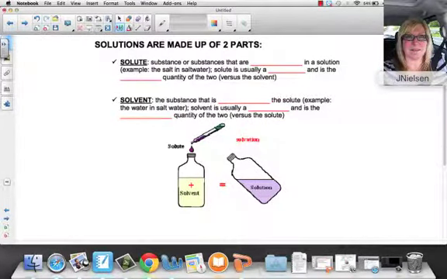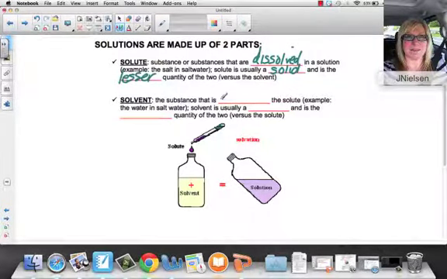Okay, so as I said, the solute and the solvent are the substance or substances that are dissolved in a solution. The salt in salt water. The solute is usually a solid and is in the lesser quantity of the two. Because it's the solid part, it's usually smaller.